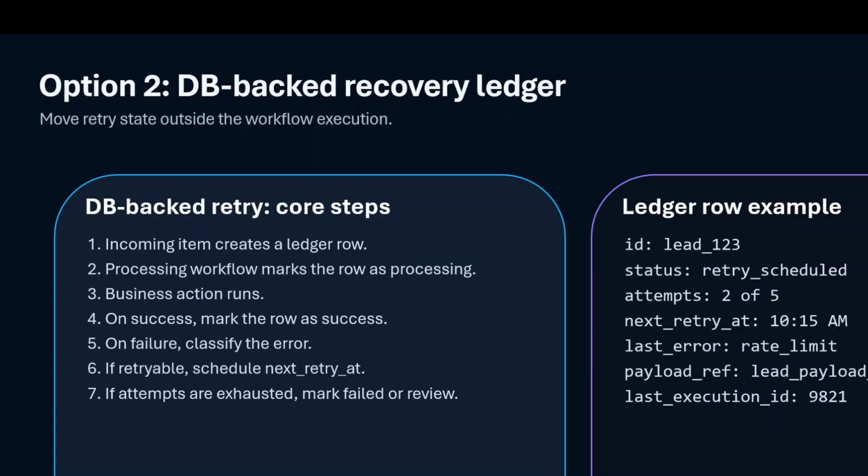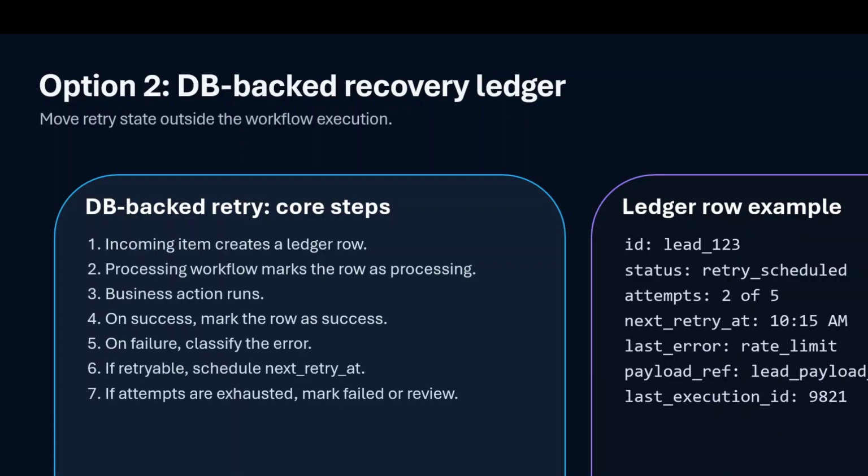When the workflow starts, it creates a row in that table and marks the status as processing, and then it tries, for example, the HTTP call. It runs the action. If it succeeds, it marks the row as success.